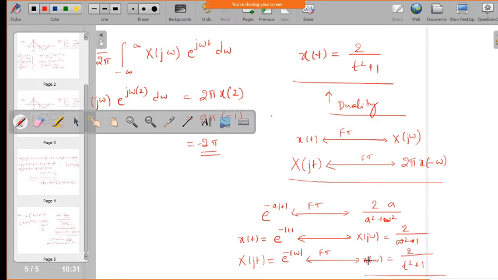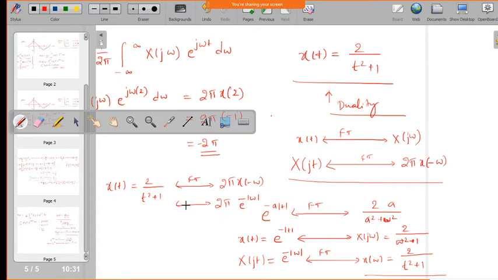So now if you take x of t as the time domain signal 2 by t square plus 1, its Fourier transform will be 2 pi times x of minus omega. What is x of omega here? It is 2 pi into e power minus magnitude of omega.